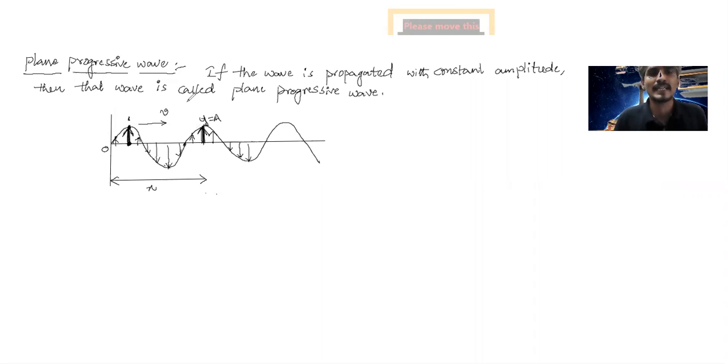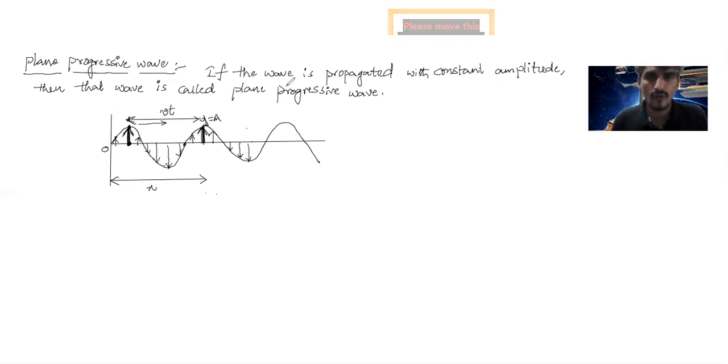The distance between two successive positions can be written as speed into time, velocity into time.